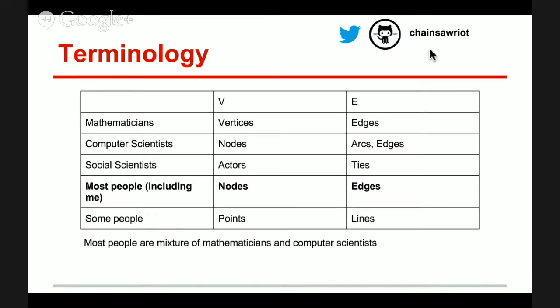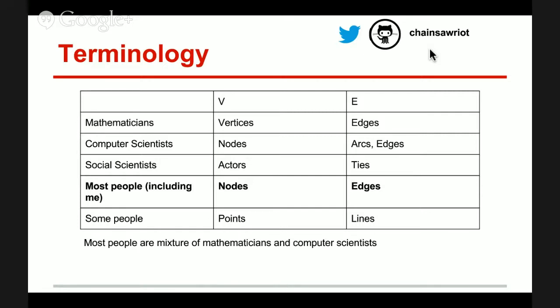Because these come from different fields, mathematicians usually call V and E vertex and edge. Computer scientists created a different terminology: they call the vertex a node, and the edge they still call an edge. Some people call it an arc. I should be classified as a social scientist, so when I read papers, they usually call the vertices actors and the edges ties.